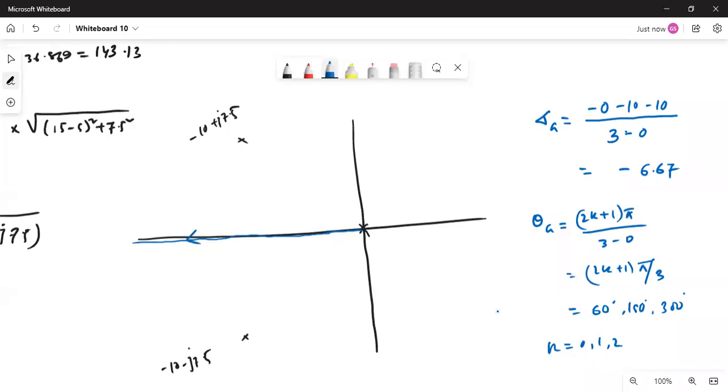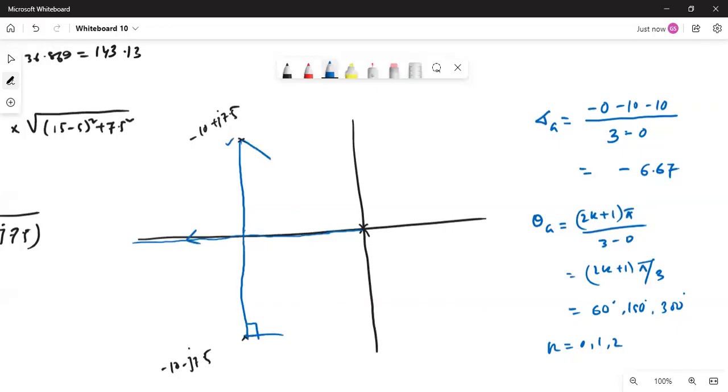Now, since we have complex poles, we have to find the angle of departure. Say we want to calculate for this one. This is our point of interest. So we have to find all the angles, and that has to be an odd multiple of 180 degrees. Definitely this angle is 90 degrees. There is no question about it.